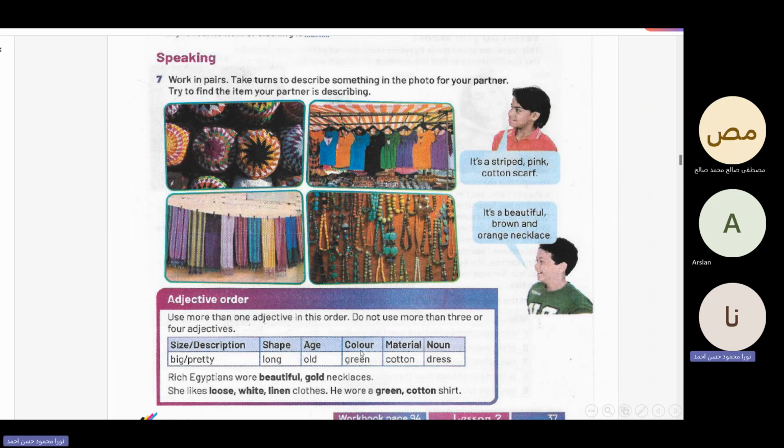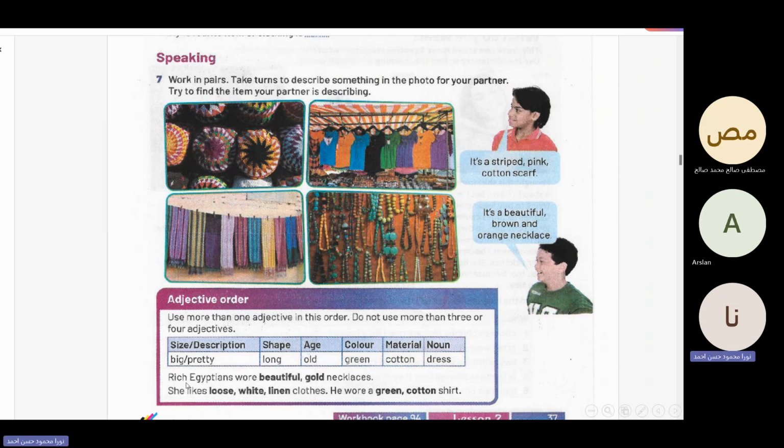Fourth, we have color. Any color you would like, for example, green. And the fifth one is material adjectives like cotton, linen, and so on. So we have first, size and description. Second, shape. Third, age adjectives. Four, color adjectives. And fifth, material adjectives. Then we have the noun.